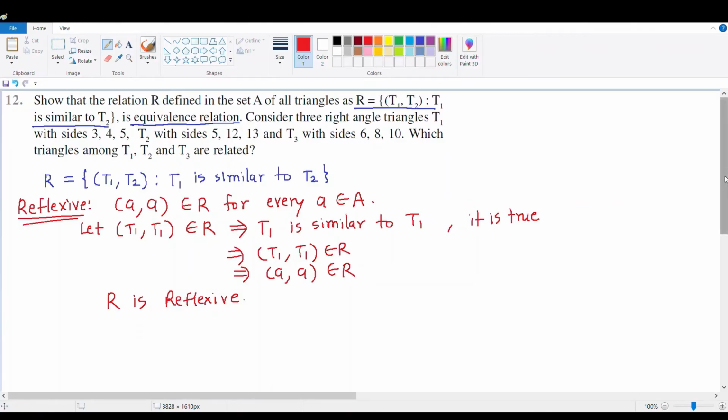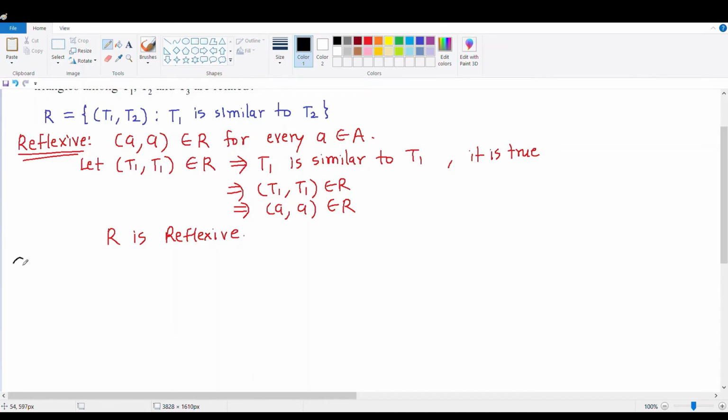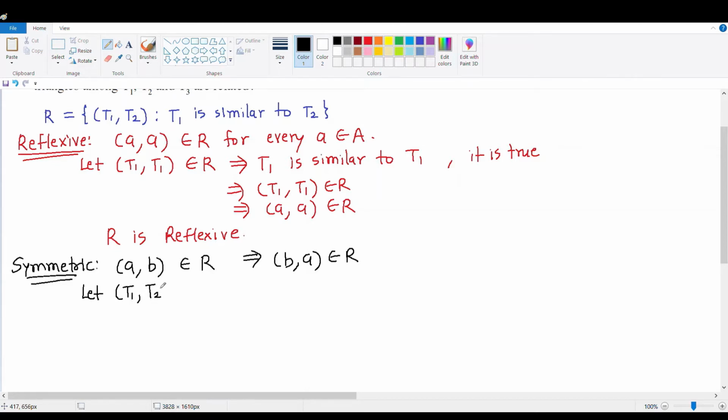Now we are going to check for symmetric. What is the definition of a symmetric relation? That if you have (A, B) belongs to R, then you must have (B, A) belongs to R. So let (T1, T2) belong to R. That means T1 is similar to T2. Now if T1 is similar to T2, can I say that T2 is similar to T1?